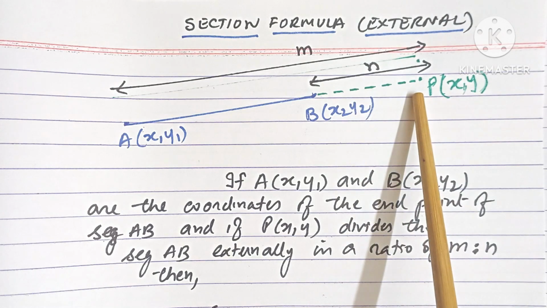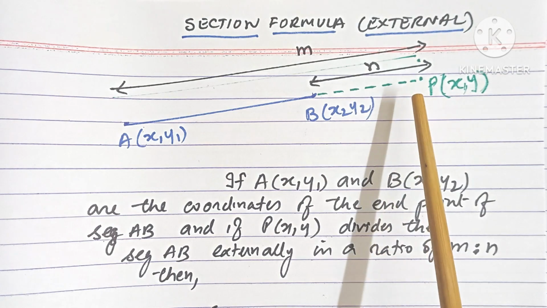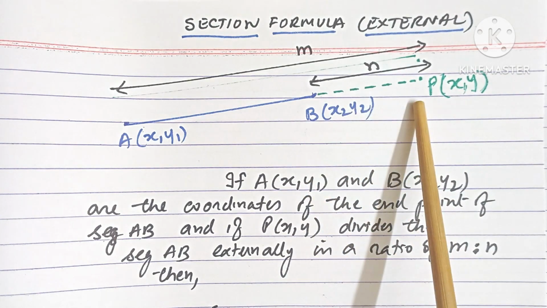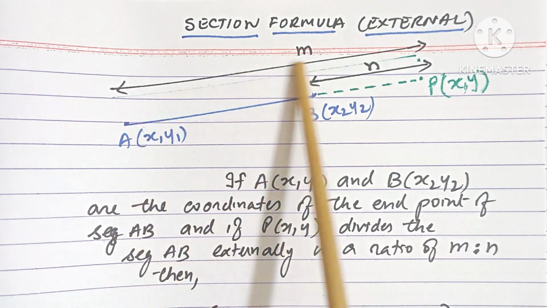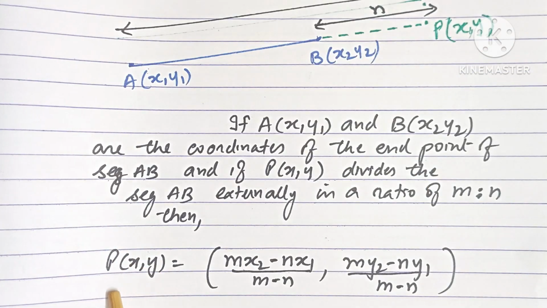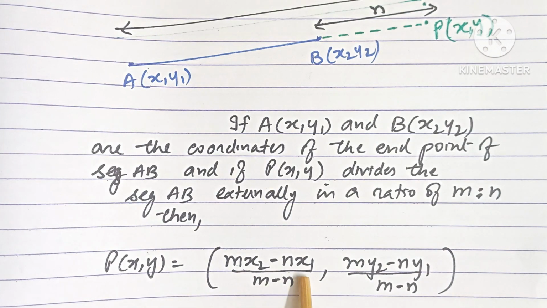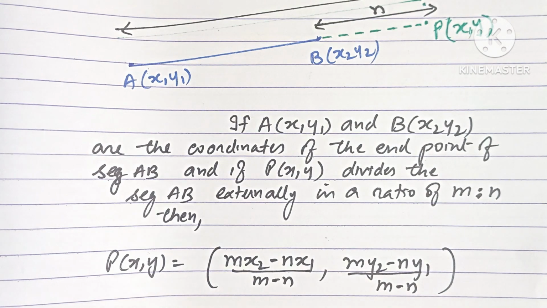Now if P, whose coordinates are x and y, is any point lying outside the segment, and if this point is dividing segment AB in a ratio of m is to n, then the coordinates of the point P will be equal to (mx2 minus nx1) upon (m minus n), (my2 minus ny1) upon (m minus n). This is called the section formula for external division.